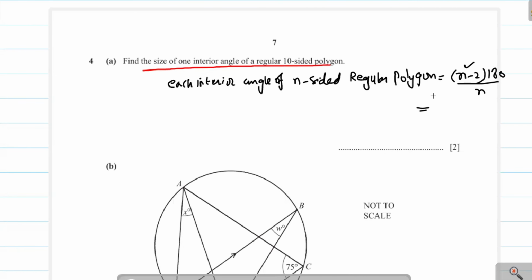The number of sides here is 10, so 10 minus 2 multiplied by 180 over 10, and we get 8 multiplied by 18, and this will be equal to 144 degrees. This is the size of the interior angle.